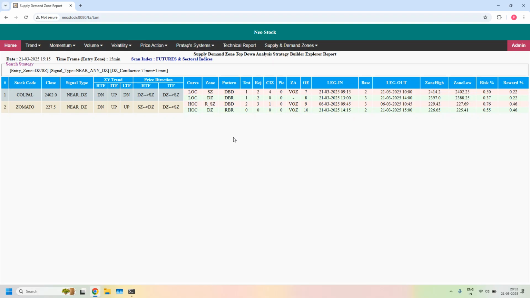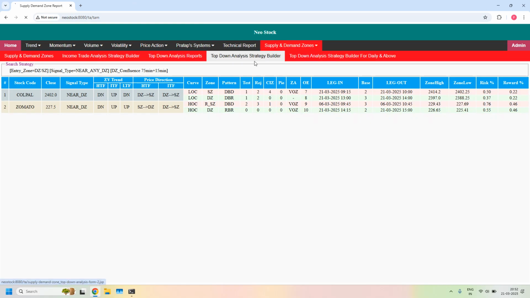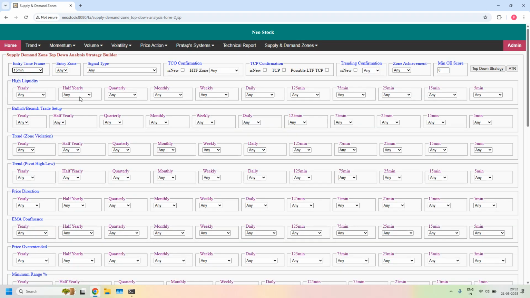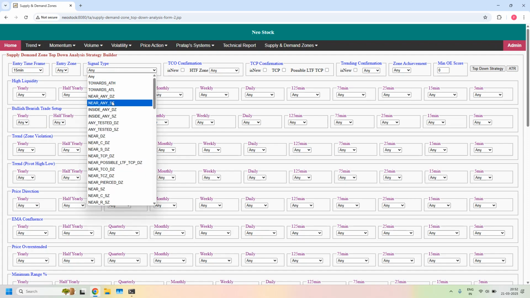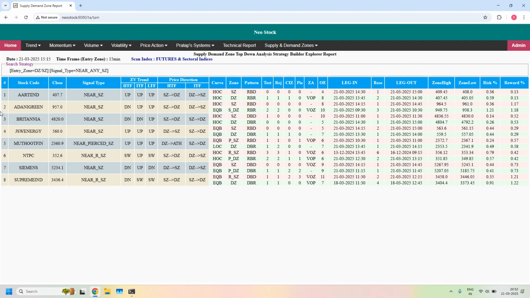Okay. Next, 15 minutes time frame, stocks near 15 minutes supply zone. We got 8 stocks. Let's verify out of these 8, how many are having ITF supply zone confluence.